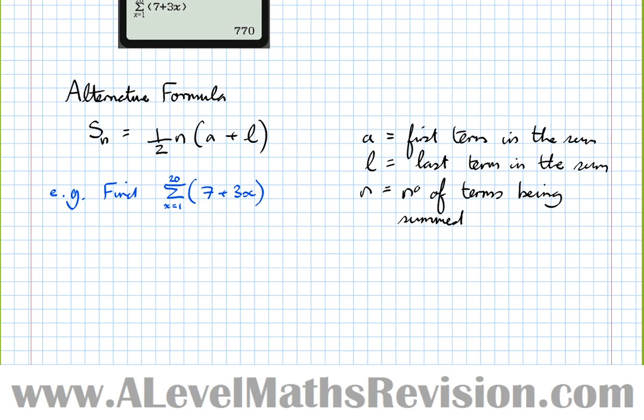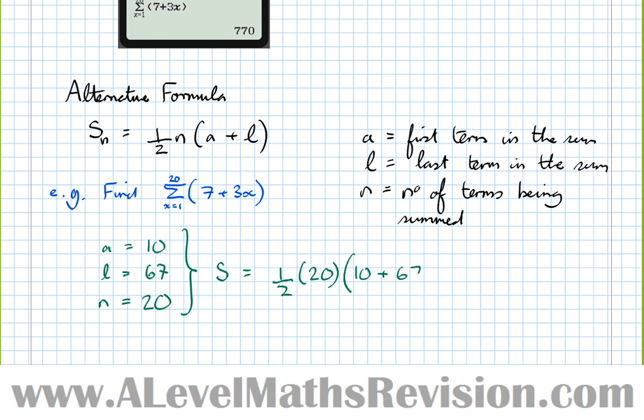So the first term in this sequence, we sub in x equals 1, is 10. The last term, if we sub in x equals 20, is 67. And I can see here we want to sum 20 terms. So the sum equals a half n (a plus L).